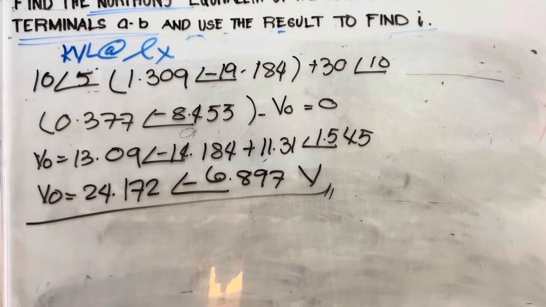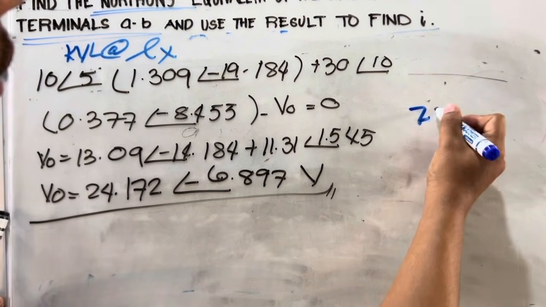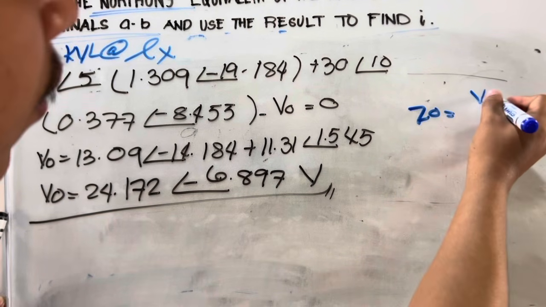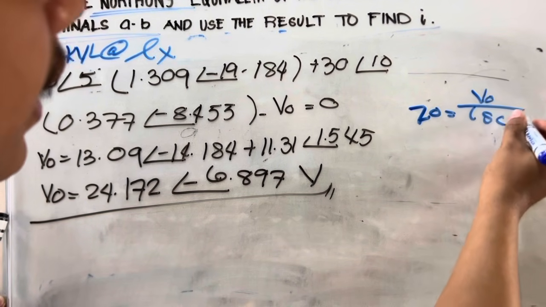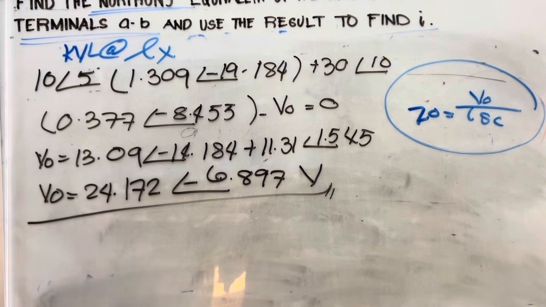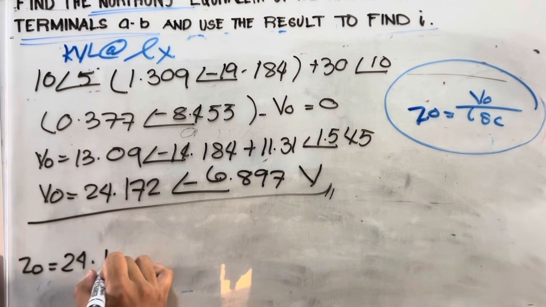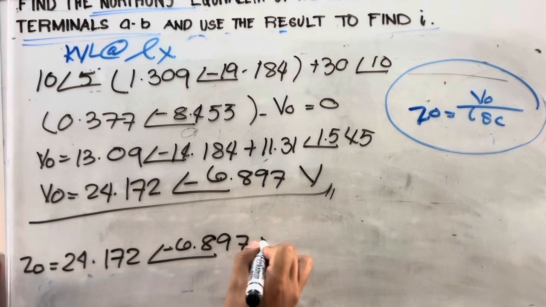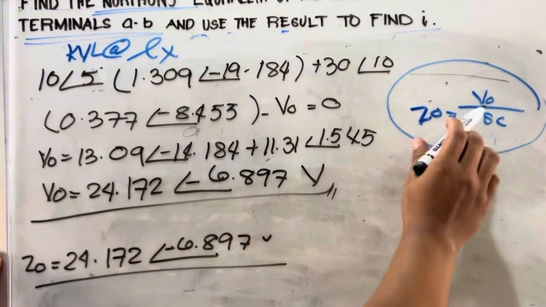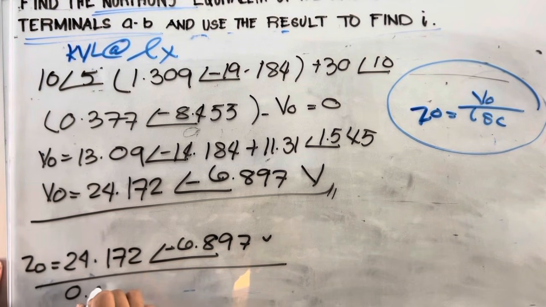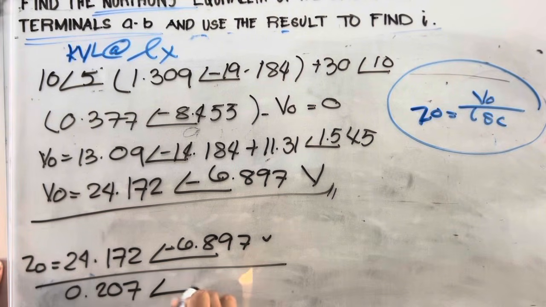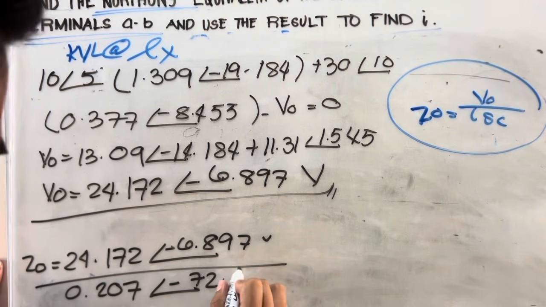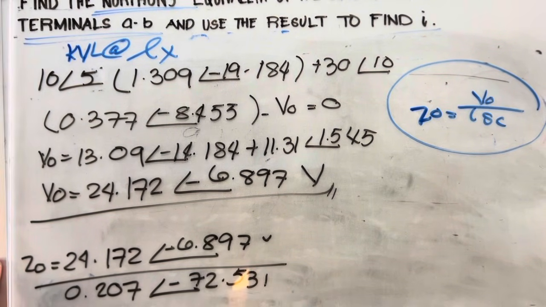We will now use the formula ZO is equal to VO over ISC. So our ZO is equivalent to 24.172 angle of negative 6.897 volts all over our ISC last time, which is 0.207 angle of negative 72.531.